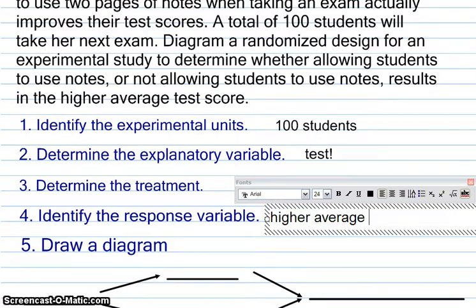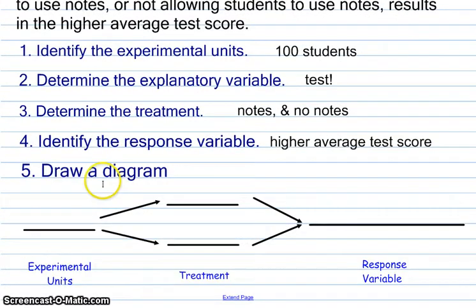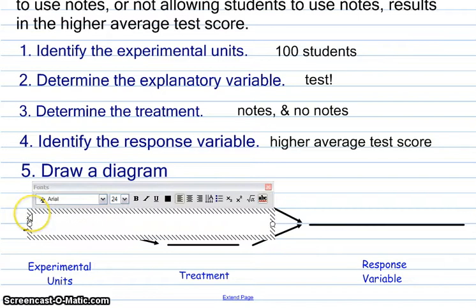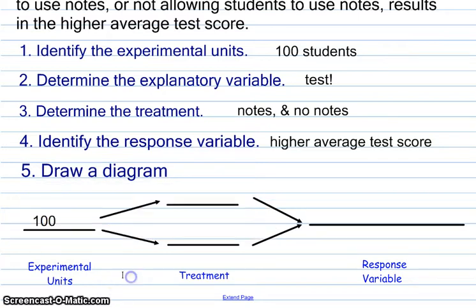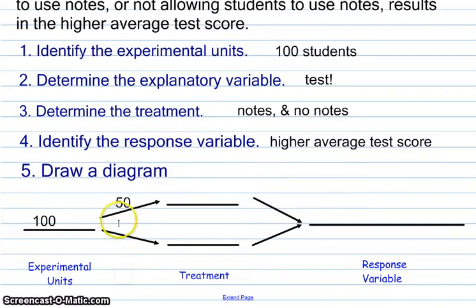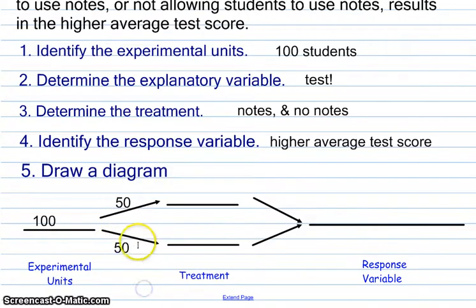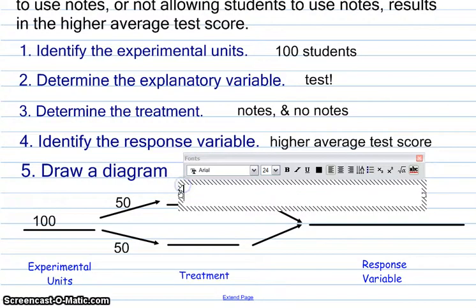Higher average test score. And here's our diagram we need to fill in. So remember, experimental units, we had 100. Now, since we've got 2 treatments, we need to divide 100 by 2. So each one should get 50. Now, we've got 2 treatments, we've got notes and no notes.